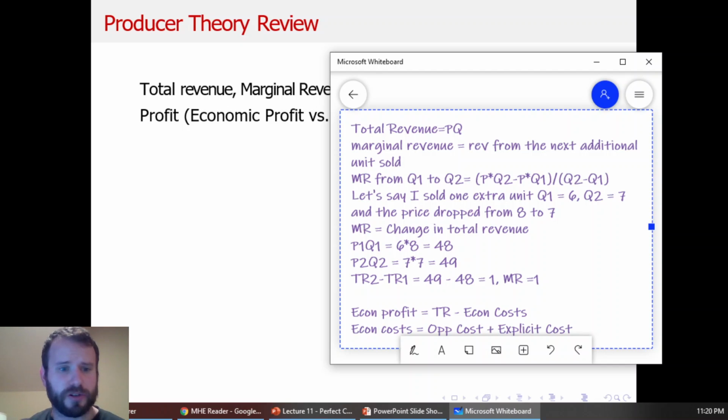When you're starting a business, and you're determining, do I start a business in baking cakes, or do I start a business in baking bread? Just because you post accounting profit, you make more money than you spend in costs, doesn't mean that you made the right decision.